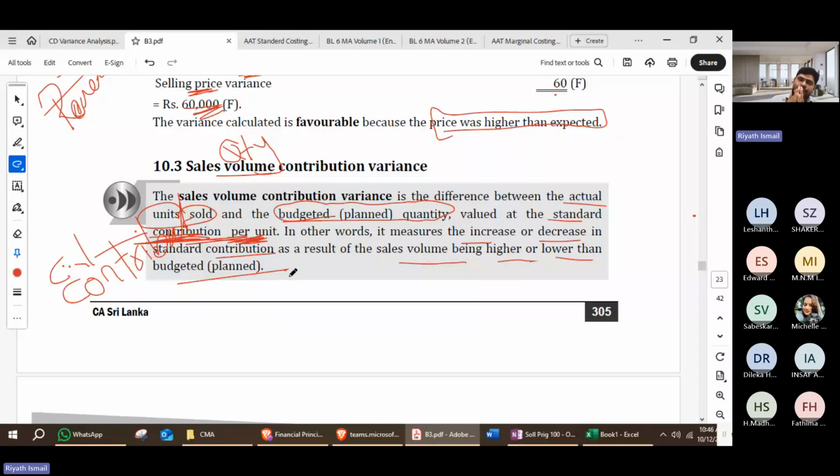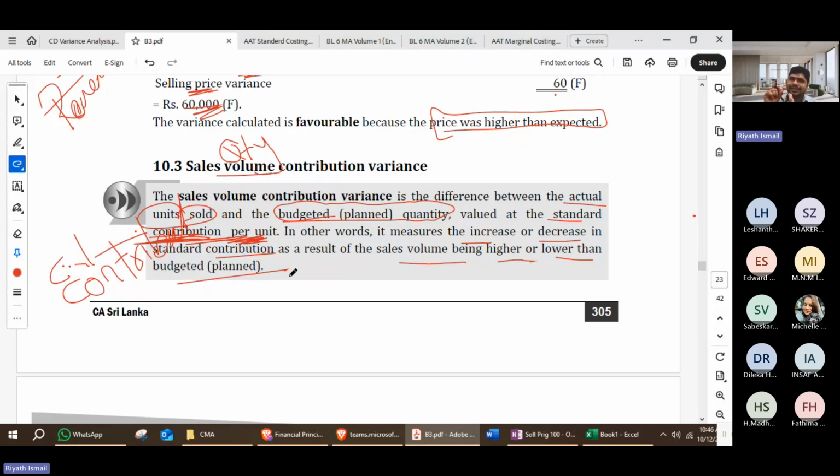So when the number of units sold in the market changes, it may affect the profitability margin. In the price variance, when we calculate the sales price variance, we didn't talk about the contribution. We talk only about the price; the variance is caused due to the price.